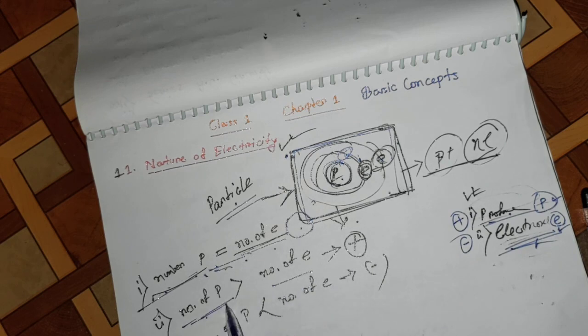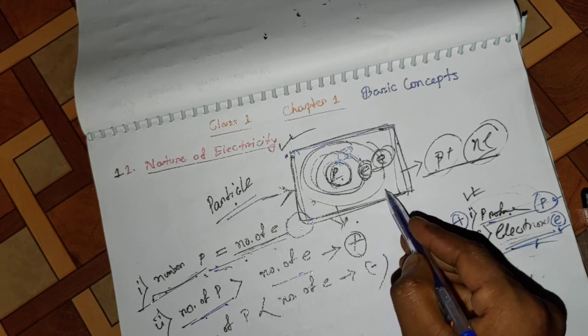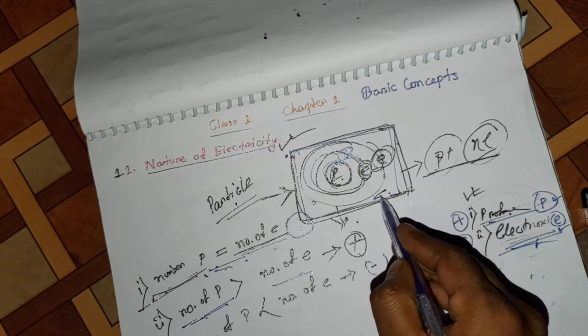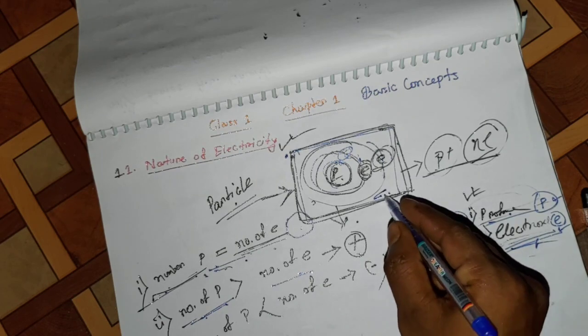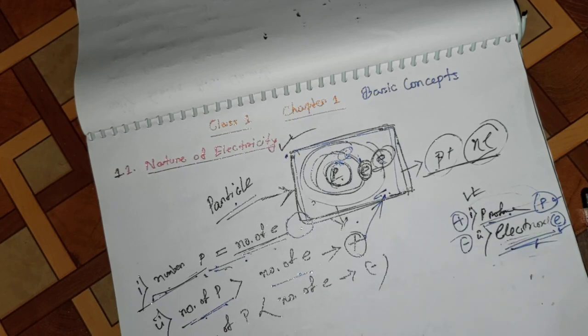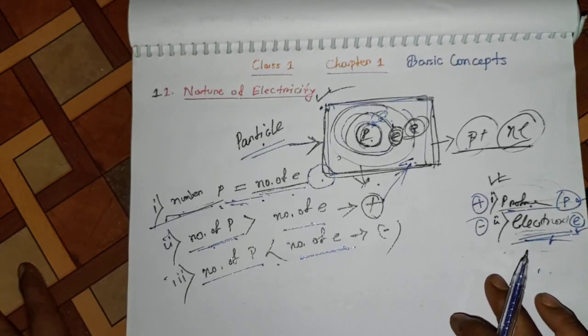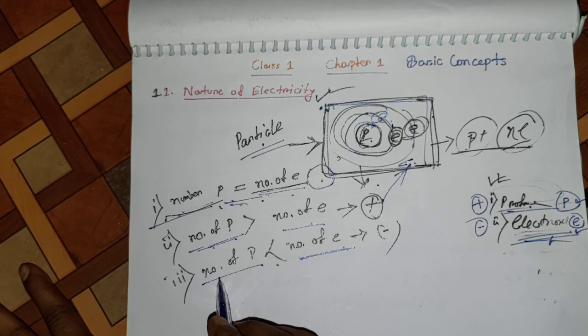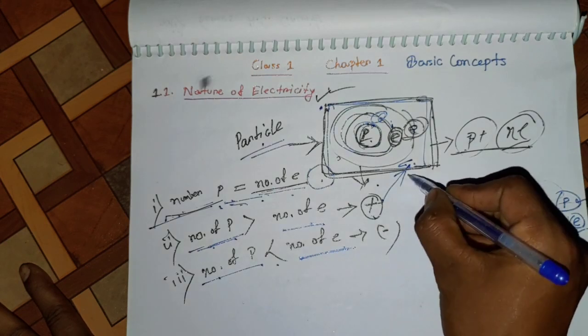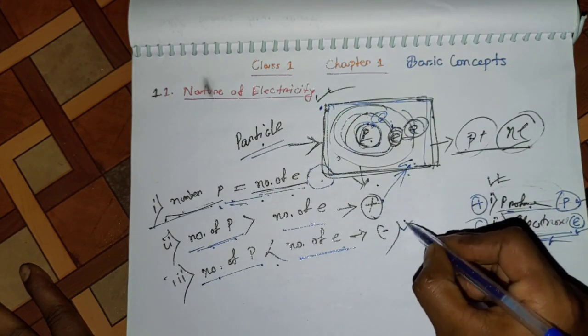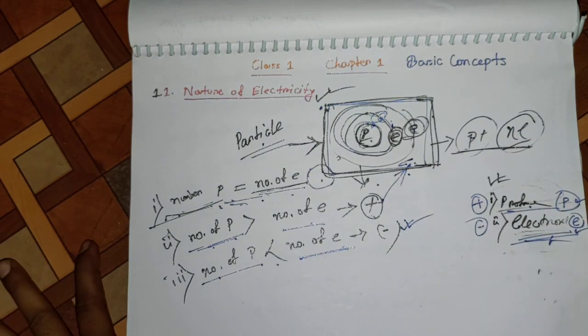When the number of protons is less than the number of electrons, the particle is negatively charged.